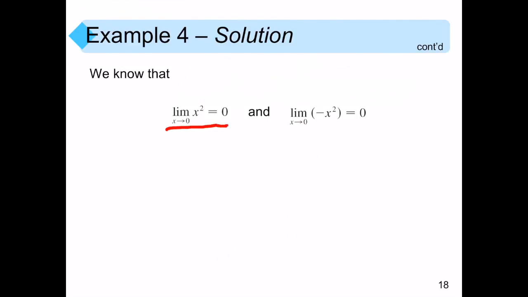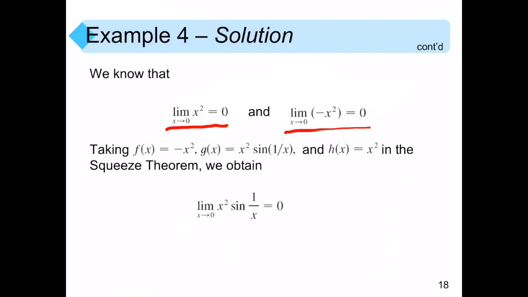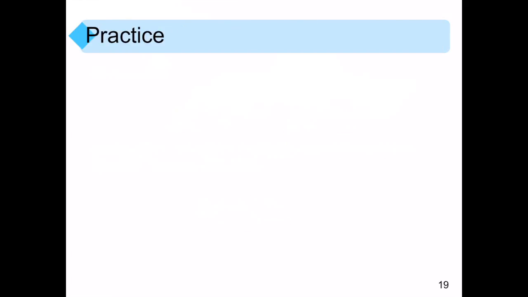X squared is 0, negative x squared is 0, so the smaller and larger functions are 0, so the middle must have a limit equal to 0. Let's practice: the limit as x goes to 0 of x squared cosine 1 over x cubed. I ask you to prove it equals 0. This will be today's four ways to calculate the limit.